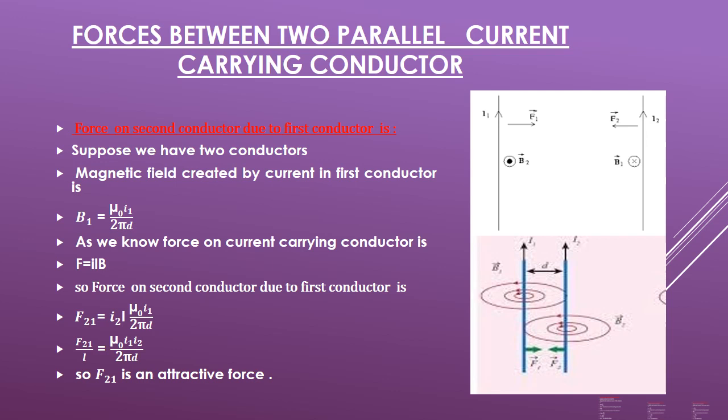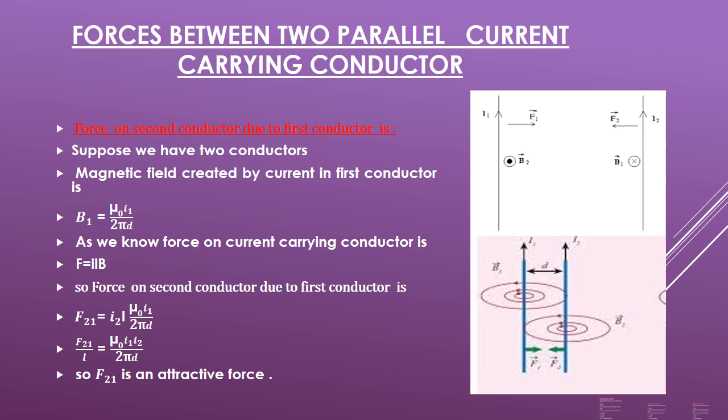Practically, we have many examples in which we use a lead containing two wires and these two wires are carrying current. Maybe we make an arrangement in such a way that the current is parallel, means in the same direction, or it may be opposite, means one current is going downward and the other current is going upward.